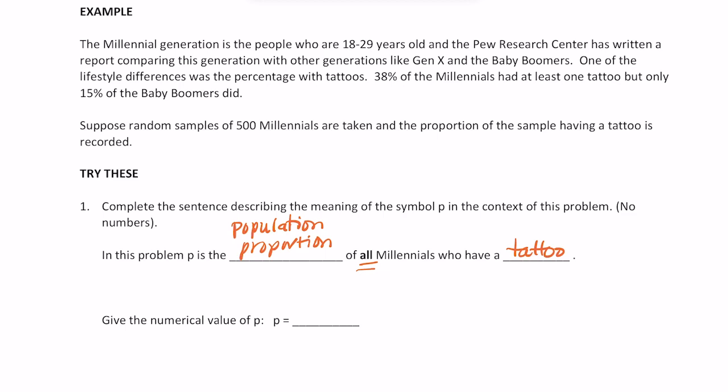Okay, based on this problem, what would be the numerical value of P? So if I look at the problem, I can see that 38% of millennials had at least one tattoo. So P here, since it's the population proportion of all millennials who have a tattoo, would be 0.38.